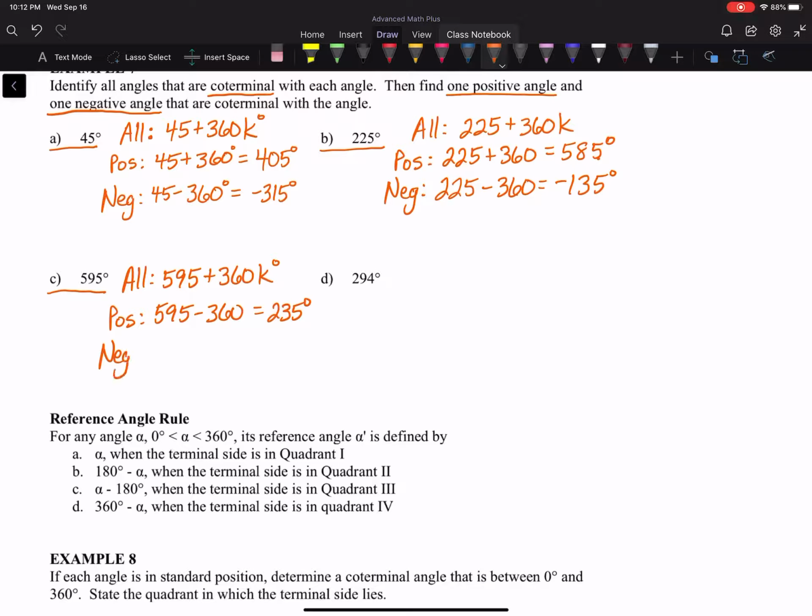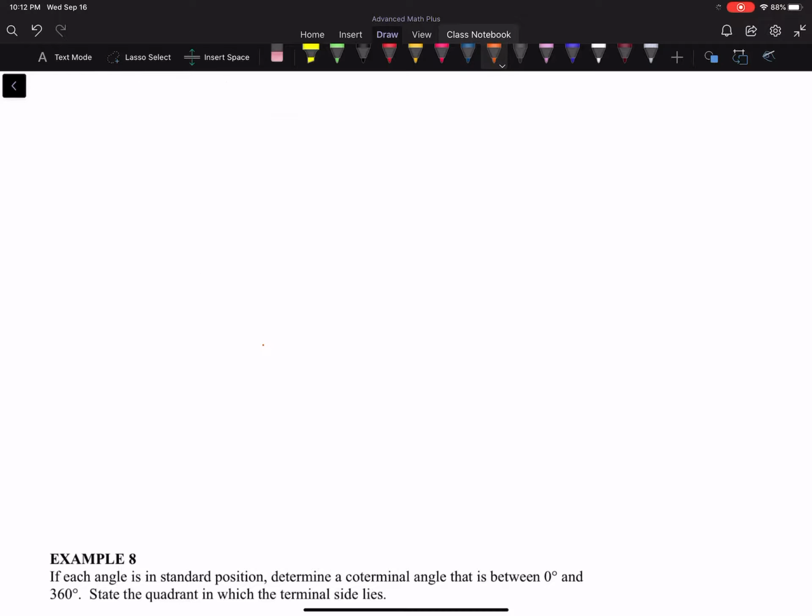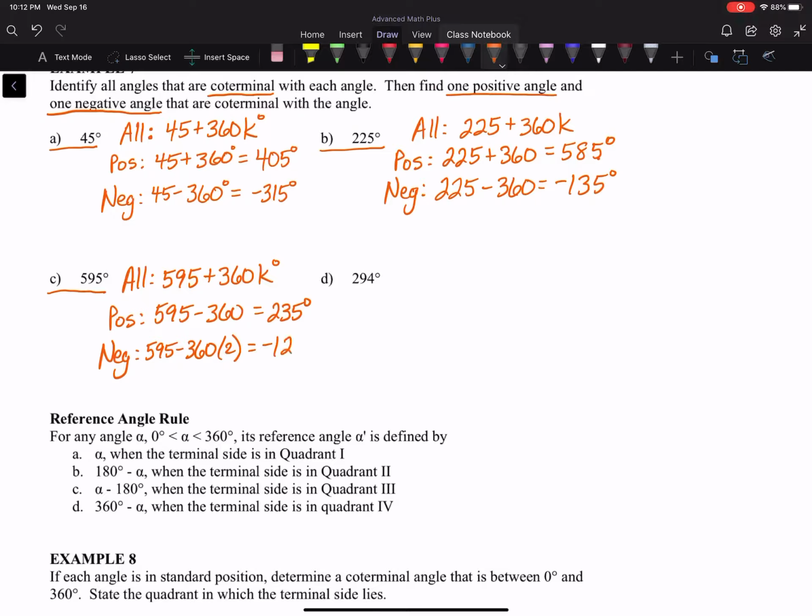A negative coterminal angle, I would have to say 595 minus 360 twice. And if I subtracted it twice, I would get negative 125 degrees. So again, these are not the only positive and only negative coterminal angles. This is just the examples that I'm getting.